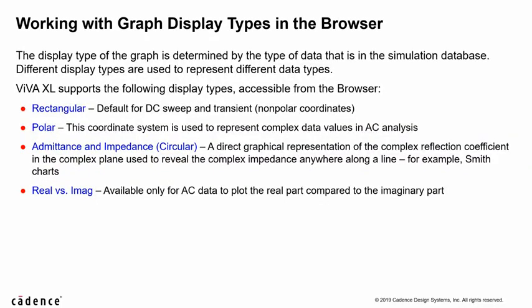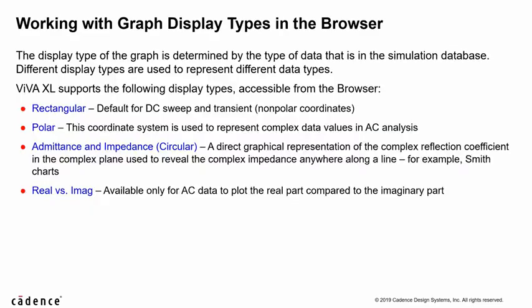Admittance and impedance provide a direct graphical representation of the complex reflection coefficient in the complex plane used to reveal the complex impedance anywhere along a line. Smith charts are an example. You can use real versus imaginary, and this is available only for AC data to plot the real part compared to the imaginary part.